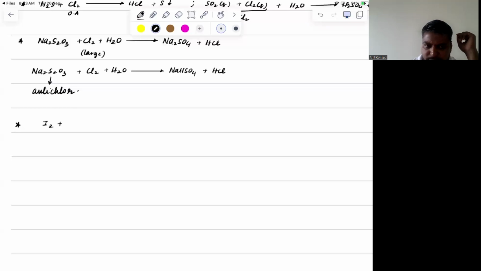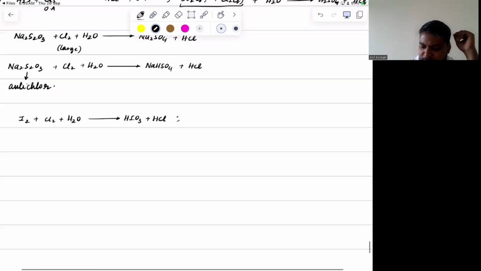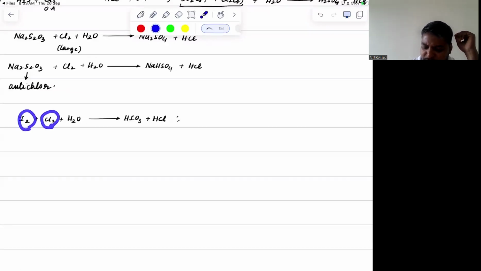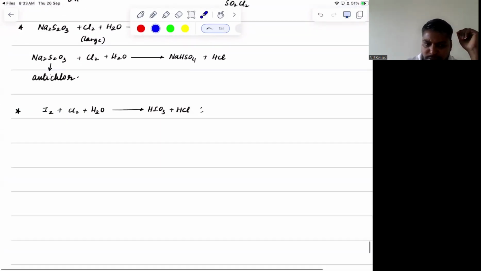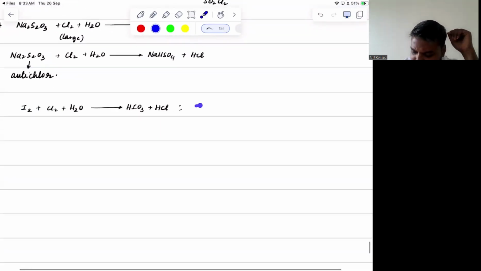I2 plus Cl2 with H2O. If already I have I2, then it will become HIO3 plus HCl. Got it? And in fact, I2 will make a similar reaction even with HNO3, O3, etc. Now, what if I have I minus instead of I2?